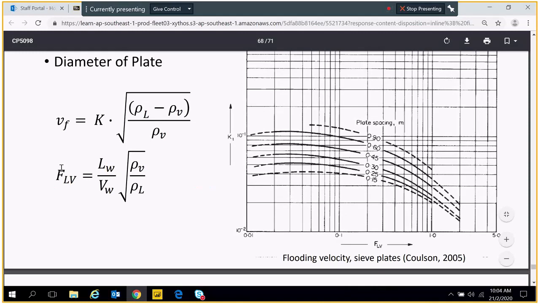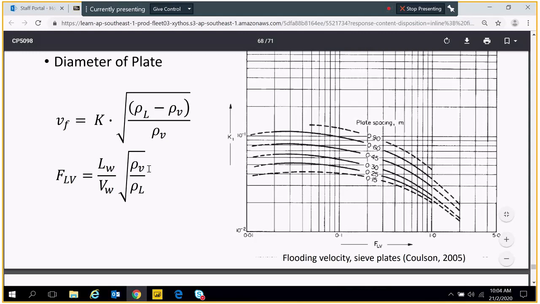Now this one, listen very carefully. This is the liquid vapor correction factor. This is the mass flow rate. W is weight, W-E-I-G-H-T, so that is the mass flow rate.